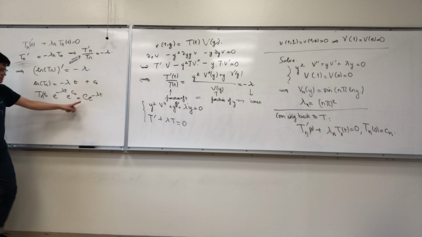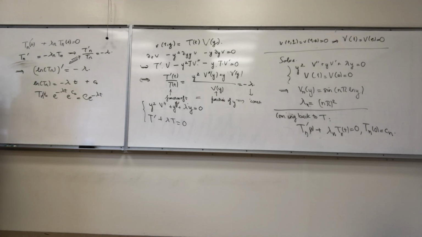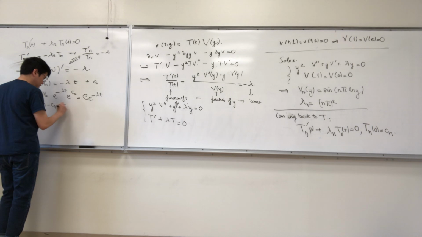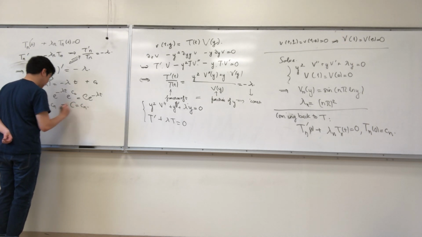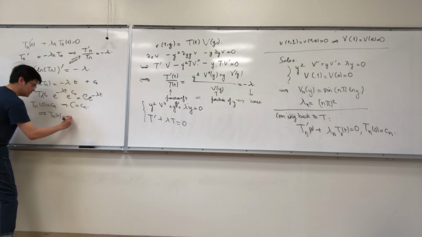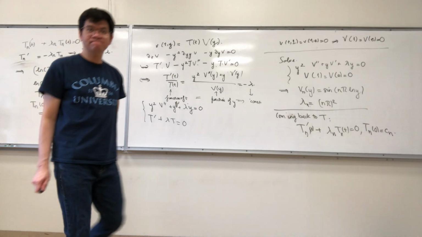So I can put this as c e to the minus lambda t. Questions? Now I have the initial condition, right? So I have T of 0 is c n, which means that c is c n. So I have T n will be c n e to the minus lambda n t. All right?